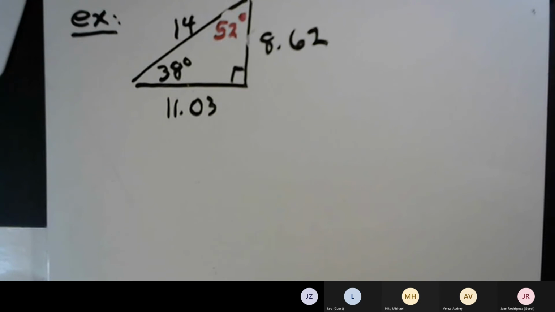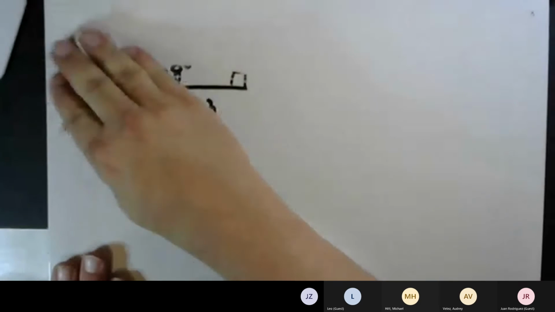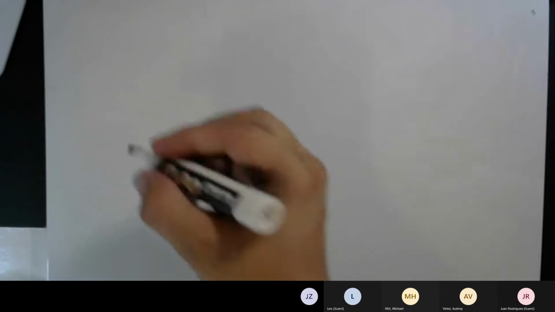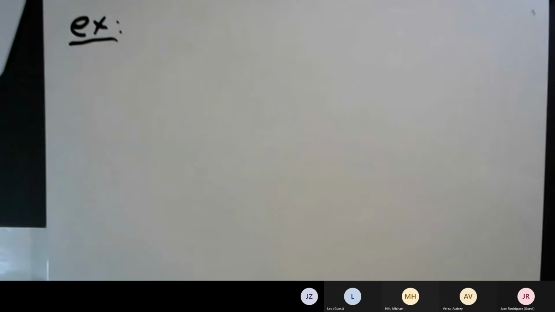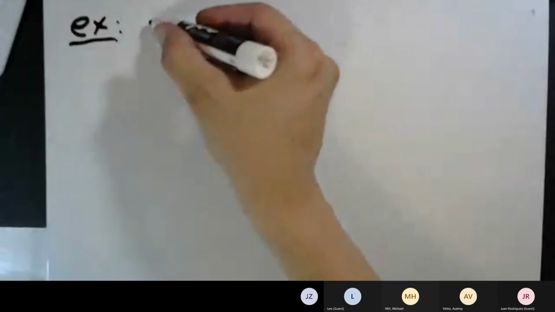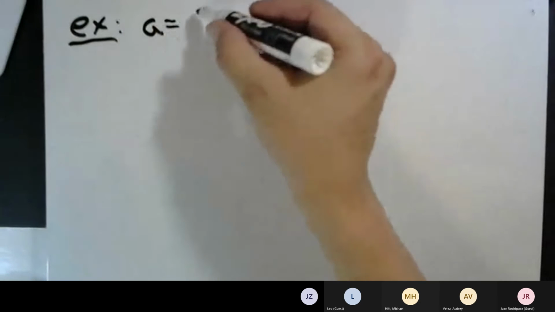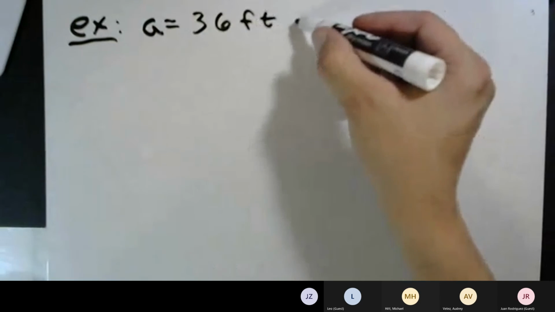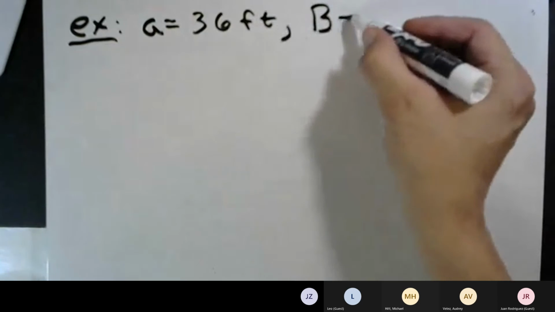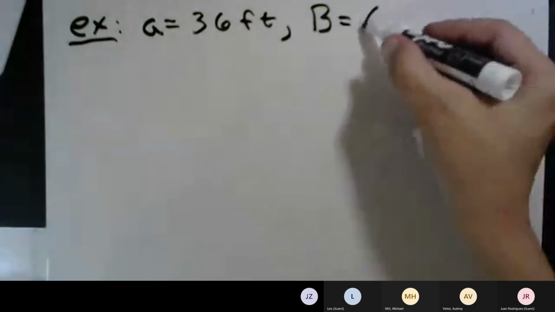Now, sometimes they're not going to give you too much information. They might say something like this. They'll give you an angle and a side. Say the side is 36 feet, and there's an angle B that's 68 degrees.